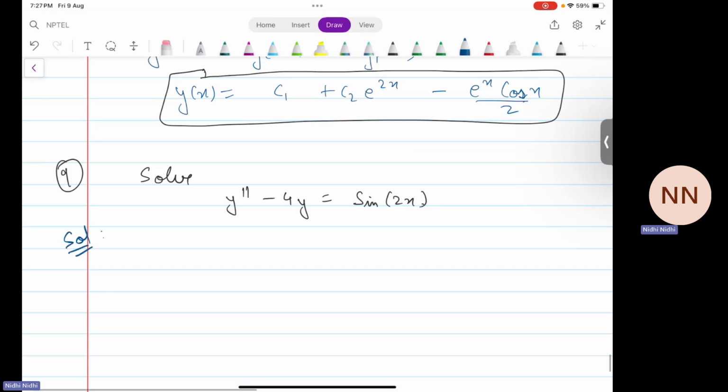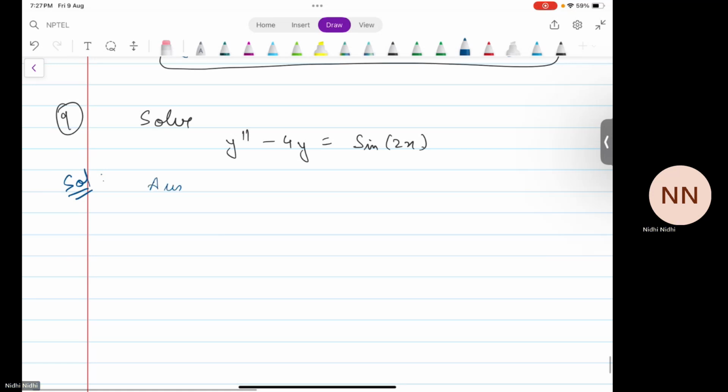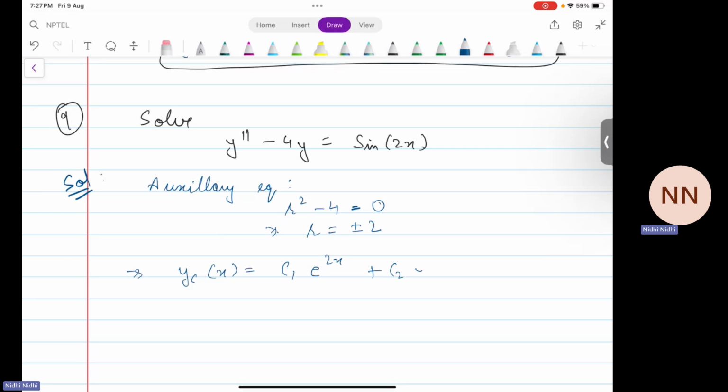So the auxiliary equation is given by r square minus 4 is equal to 0. This gives us r is equal to plus minus 2. So we have two distinct real roots. This gives us that the complementary function ycx is equal to c1 e to the power 2x plus c2 e to the power minus 2x.